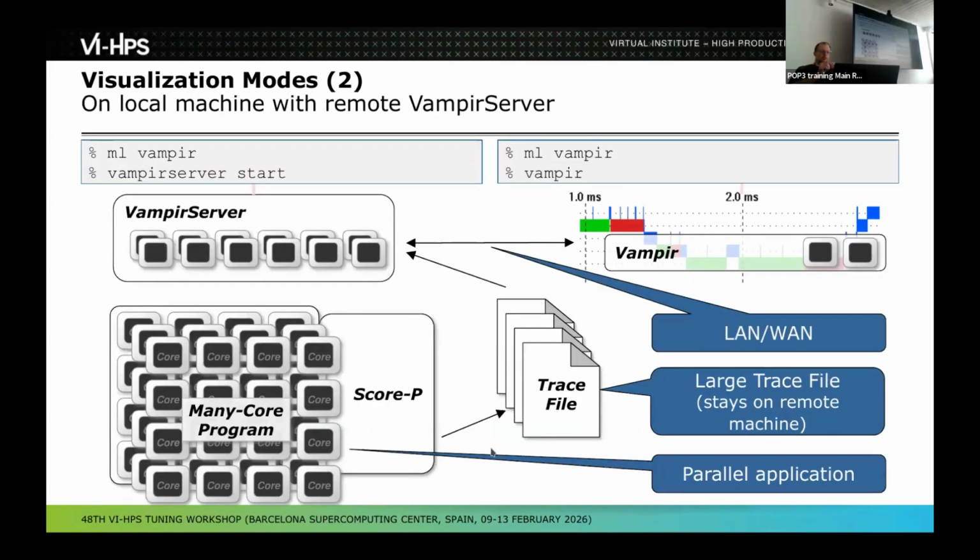If you're getting into huge Score-P traces that are very large, then you generally want to leave them on the server and run a Vampir server as a backend to Vampir, which can run on multiple nodes to handle the trace sizes, and then connect to the Vampir client, which again runs locally on your system usually, and connects via network to this Vampir server.